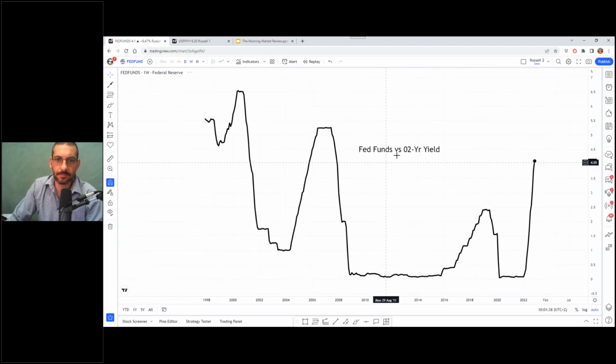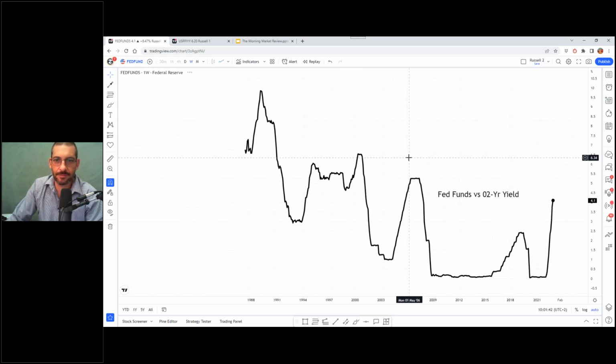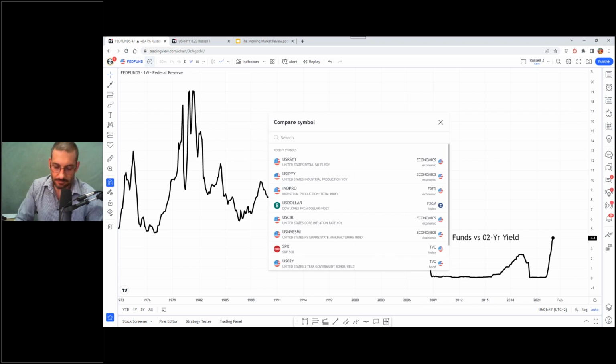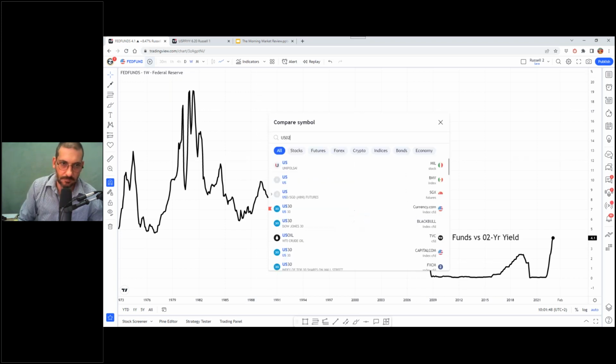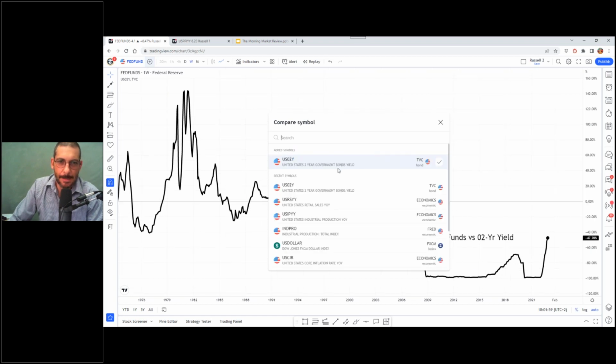Okay. I want to put in the 2-year yield, Fed funds versus 2-year yield. The 2-year yield. So the short end of the curve is where the Fed's monetary policy is reflected.